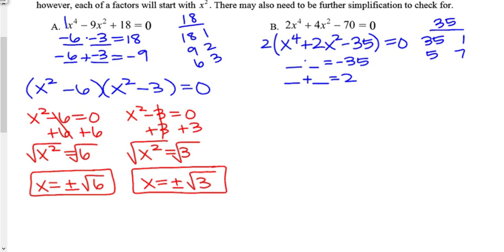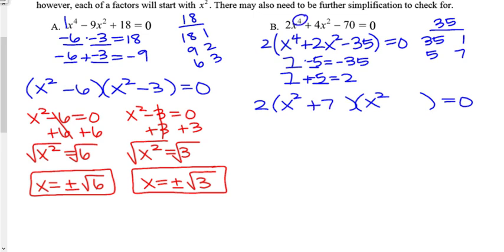So I'm going to do 7 minus 5, and then 7 times a negative 5 will give me negative 35. So just like in A, I can skip to that part with the 2 sets of parentheses, but I cannot forget about that 2 out front. I also can't forget to put x squared here, because I'm working with x to the 4th. So I'm going to do plus 7 and minus 5, just like I said.